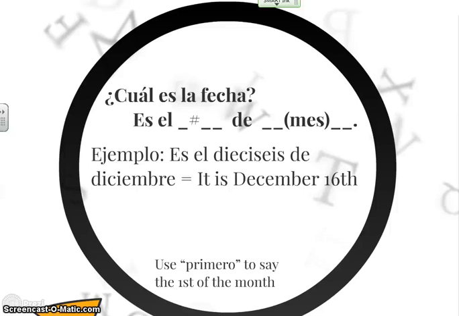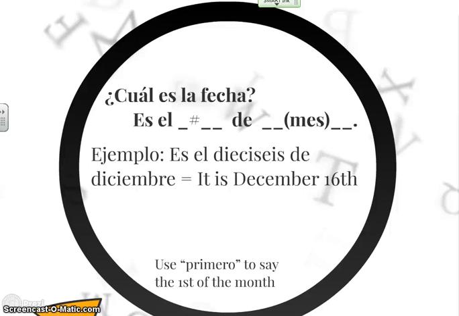Notice the number comes before the month, which is opposite of the date writing system in the U.S. That same rule applies when you're writing a date out digitally. For example, in the United States, to write the 16th of December digitally, we would say 12/16 to mean December 16th.